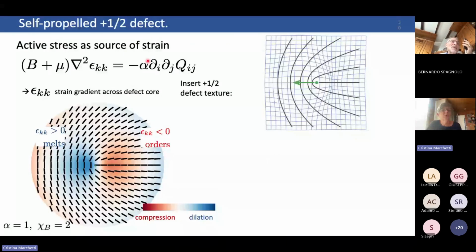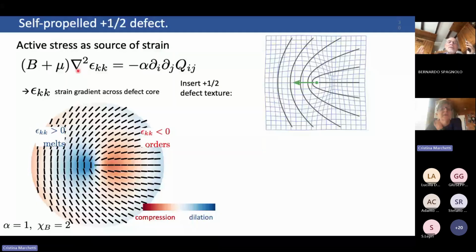The force balance equation now says that active stresses can act as a source of strain. And in particular, I'm asking how active stresses can act as a source of isotropic strain, that is compression or dilation. Just like in the fluid, the equation that controls this behavior is linear, and so I can actually solve it.